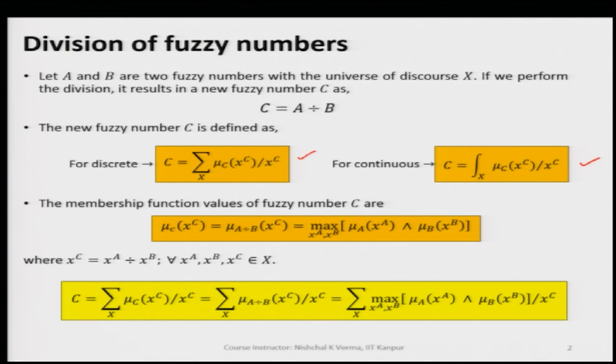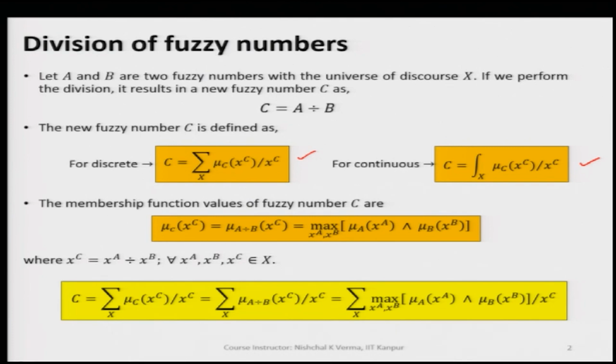I am not saying a fuzzy number, because the resultant is not going to be a fuzzy number, because the resultant fuzzy set is not always going to be normal and convex. Since this is a fuzzy set, we will have its membership values and the corresponding generic variable values of the resultant fuzzy set.